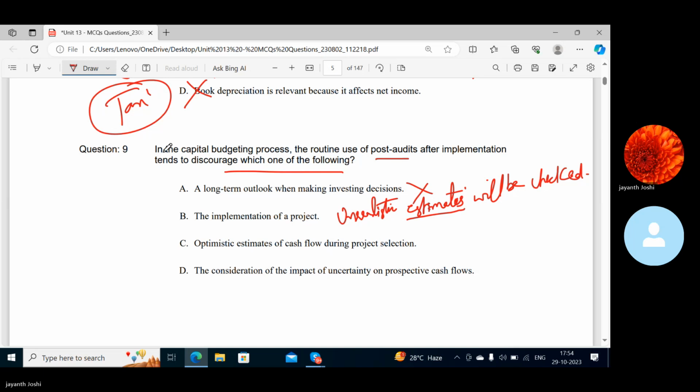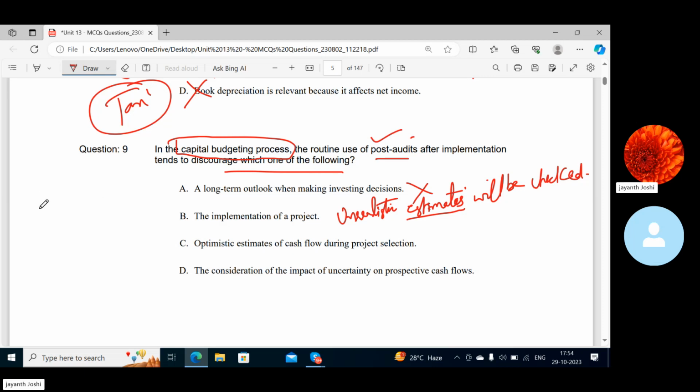Anyway. So in capital budgeting process, when you plan the process and implement it, and then you conduct audits, what will it discourage?